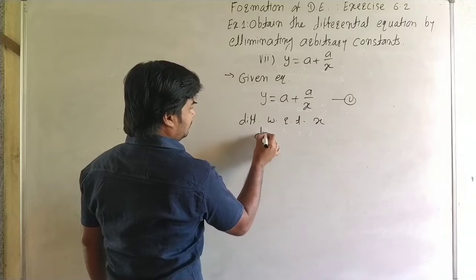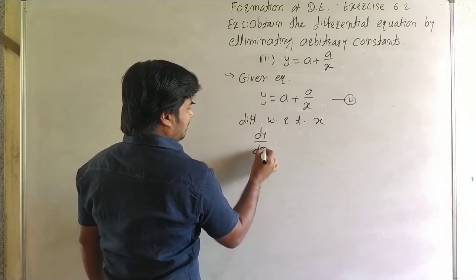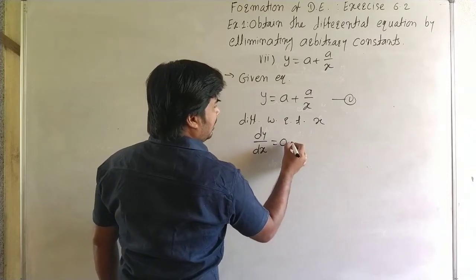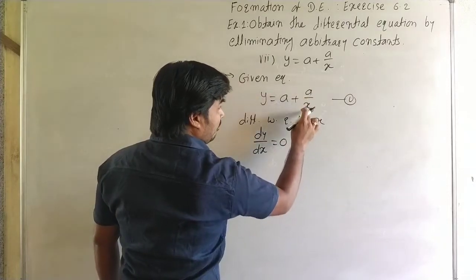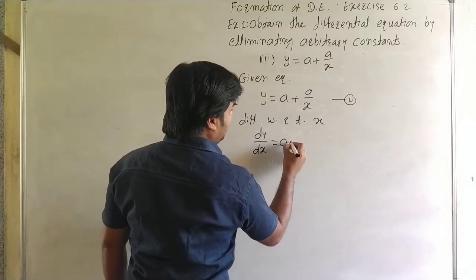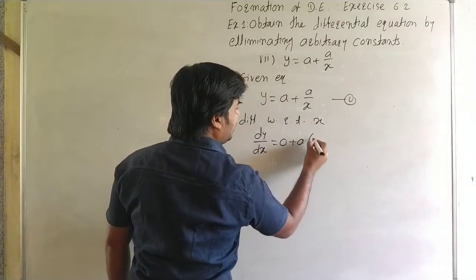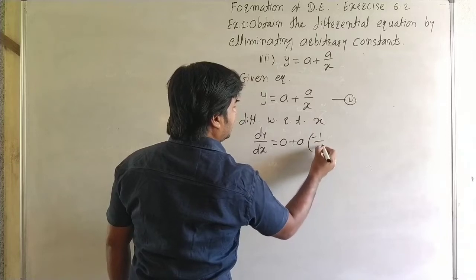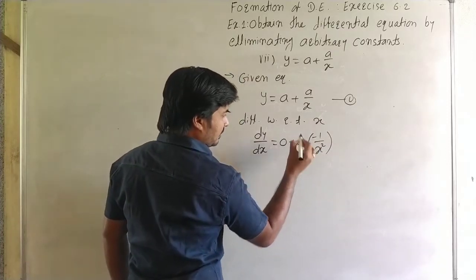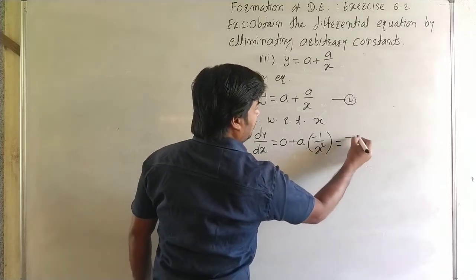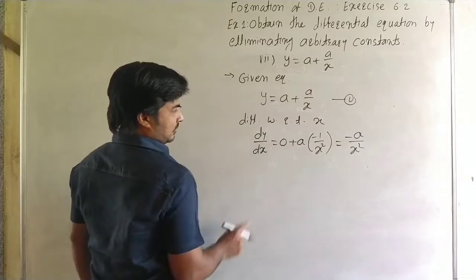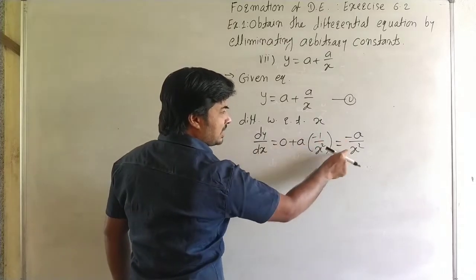Derivative of y is dy by dx, is equal to the derivative of a, which is 0, and here a as it is, and the derivative of 1 by x is minus 1 by x square. Therefore here it is a into minus 1 by x square, that is, dy by dx is equal to minus a upon x square.